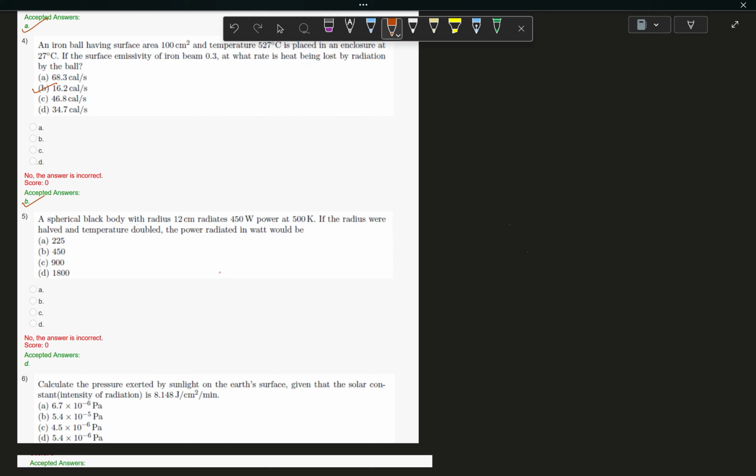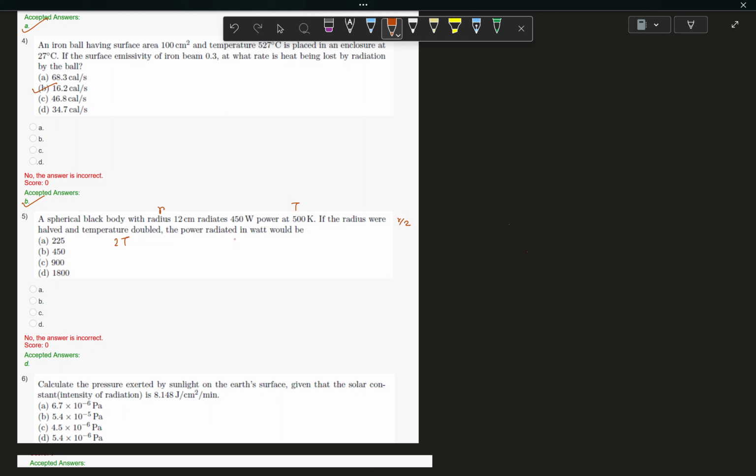Now, a spherical black body is given, so its size is given in terms of its radius r, and it is said that it radiates the power of 450 watt, that means joule per second. Power means energy per time is given, and the temperature is given as 500 Kelvin. If the radius were halved, if r is made r by 2 and the temperature is doubled as 2T, then what will be the power radiated in watt?